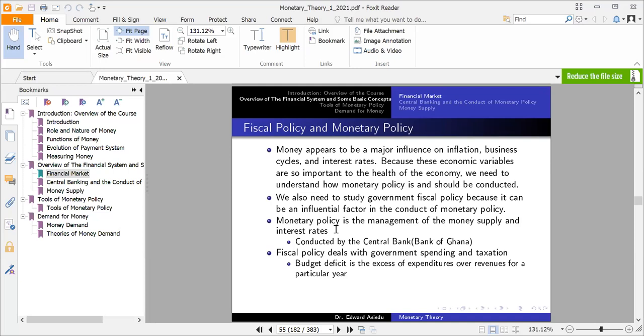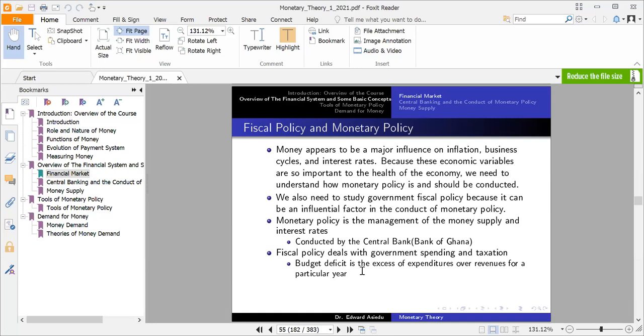In the first session, I explained the link between money supply and the interest rates. So monetary policy is the management of money supply and interest rate, and it's conducted by the central bank. Okay. In Ghana, it is the Bank of Ghana. Okay. In the US, they will say the Fed. Okay. Fiscal policy deals with government spending and expenditure.